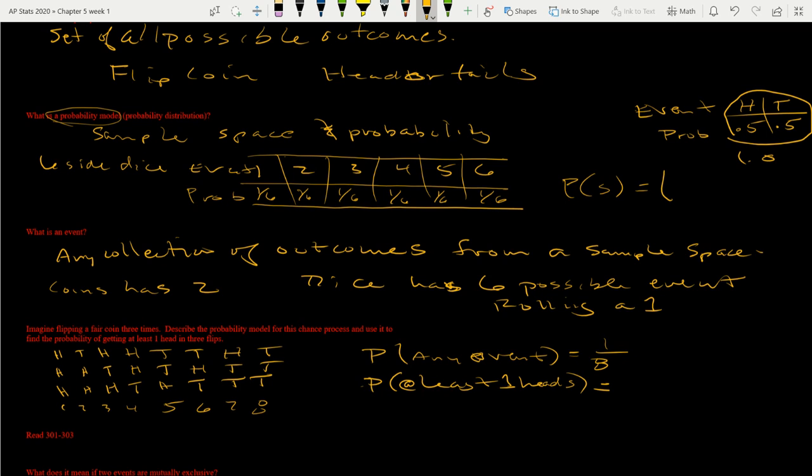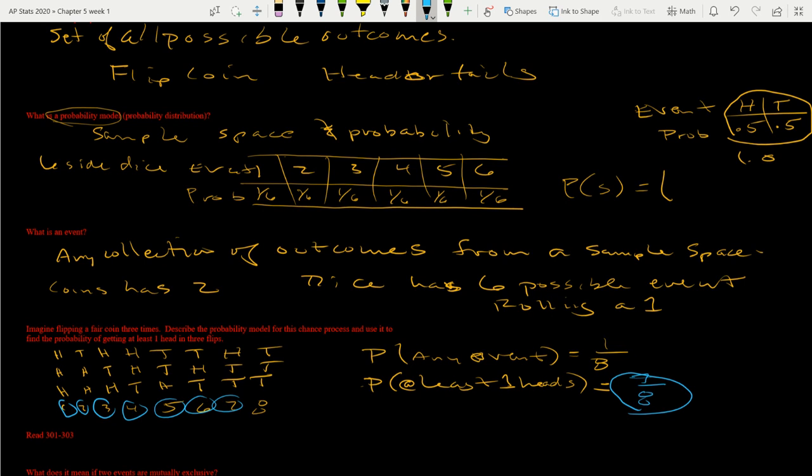We'll use blue. I like that blue color. So we know that there's 1 there, there's 1 there, there's at least 1 there, there's at least 1 there, there's at least 1 there, and there's at least 1 there. At least 1. So what's the probability? The probability is 7/8, because we added up all the probabilities.